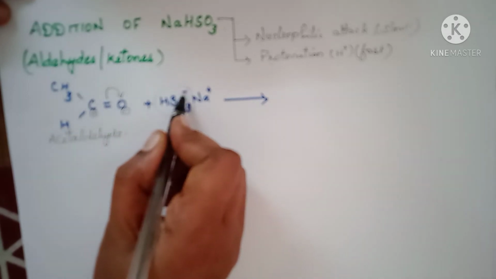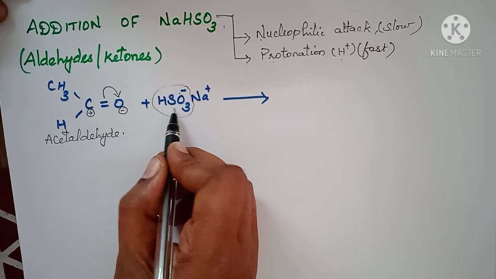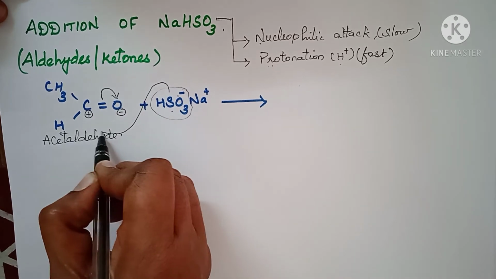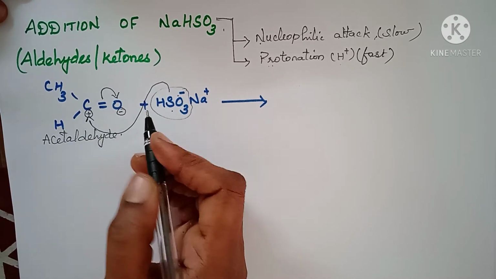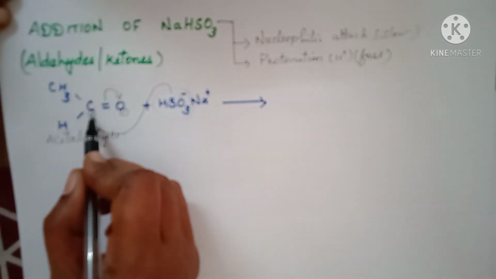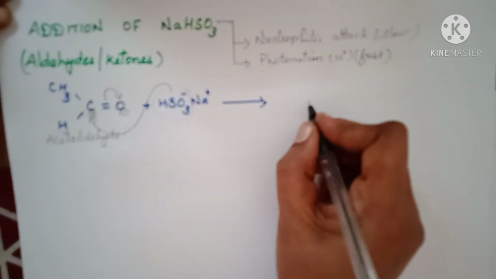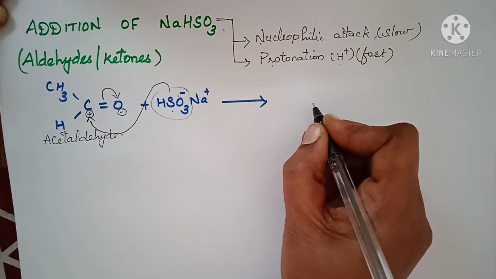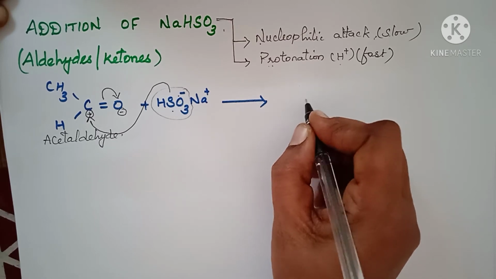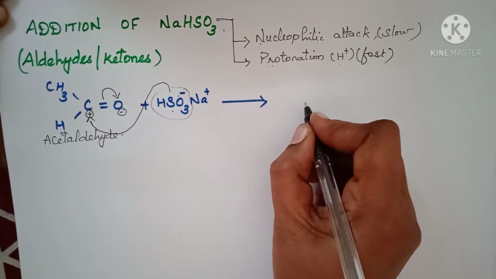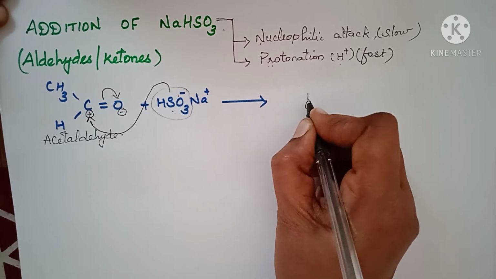So the negative charge of the sulphite ion is attracted by the positive carbon. This is a trigonal planar structure, and what we receive is sp3 hybridization, tetrahedral. Okay, now the carbon over here.